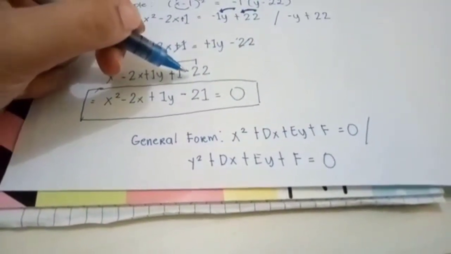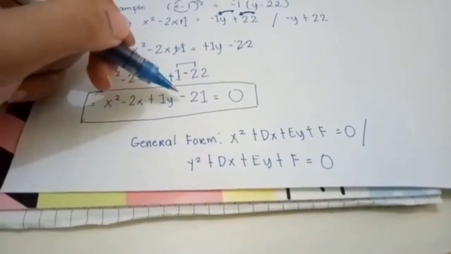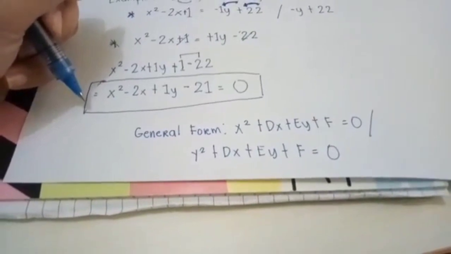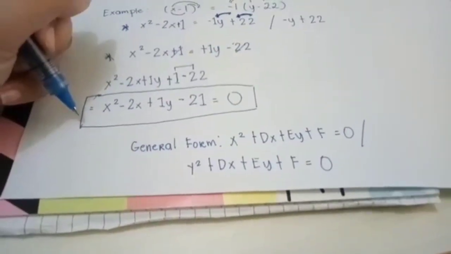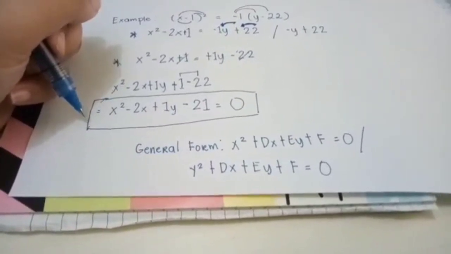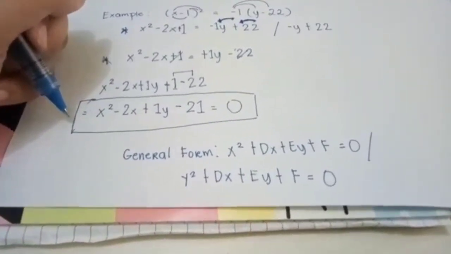So positive 1 minus negative 22 is equal to negative 21. So the final answer is x squared minus 2x plus 1y minus 21 equals 0. So this is the final answer po.